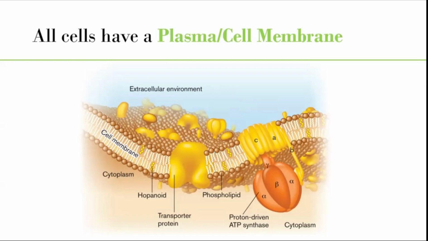Polar means it has a charge. Either there's an area that's partially positive and partially negative, or we're talking about an ion where it's literally fully positive or fully negative. We lump those in polar. That's also what we call hydrophilic. These are things that, like water, can be dissolved by water and can be involved in aqueous reactions.